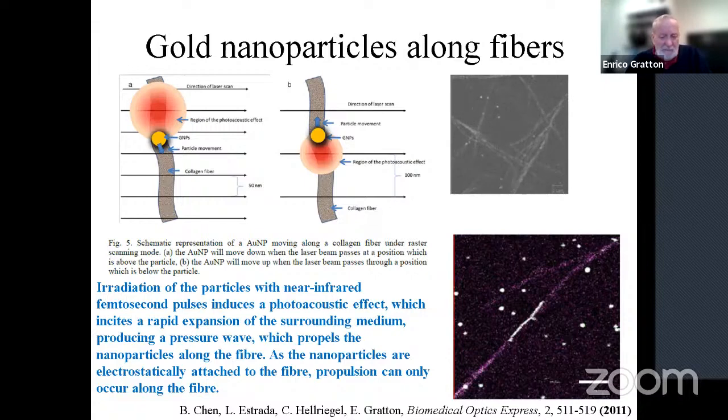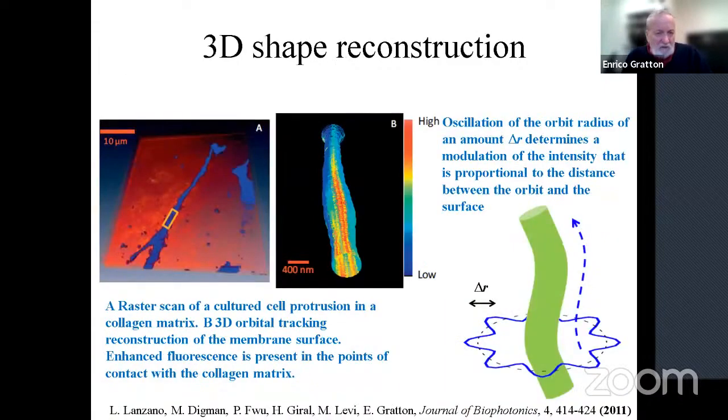Next slide. So the question is, if we are at a microtubule here, we can see the microtubule with a technique in which we make the orbit farther and closer. So we modulate the position of the orbit, and when it is closer, of course, we have a much larger intensity than when it is farther.